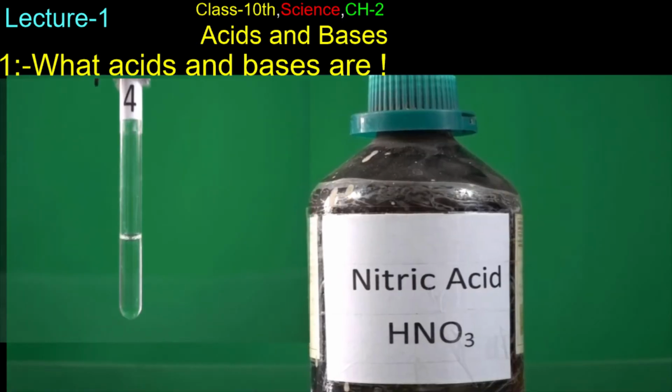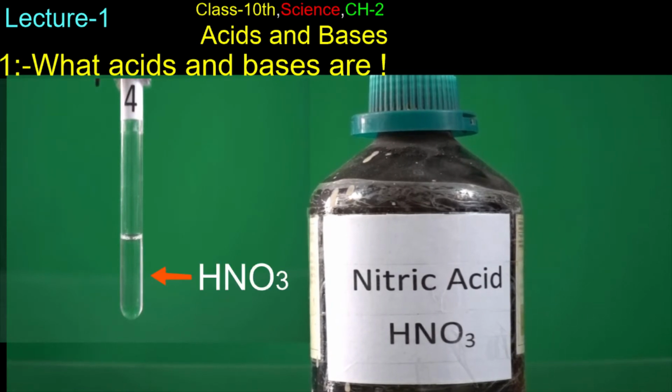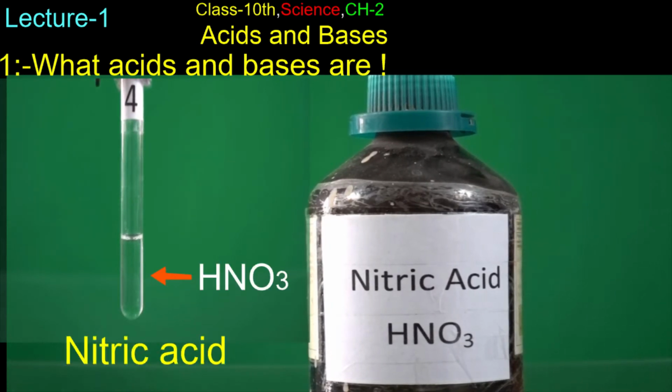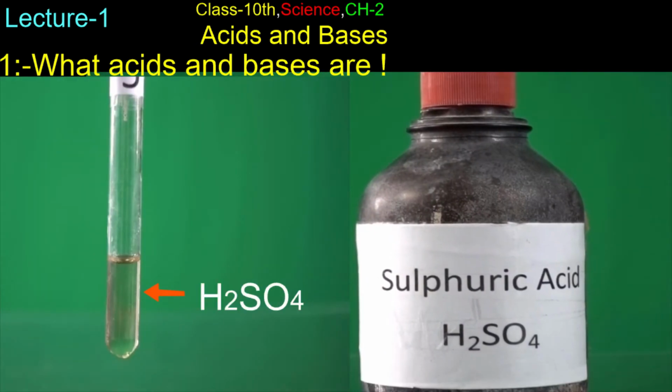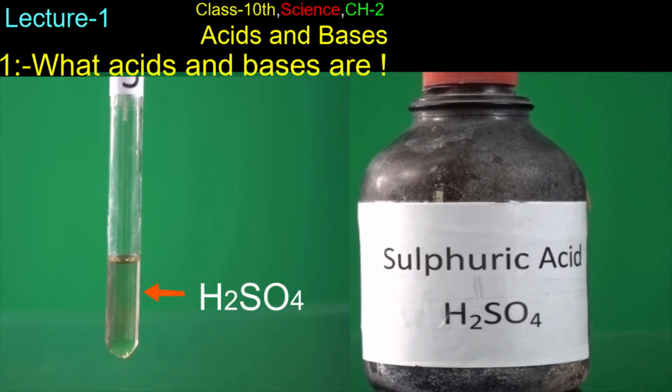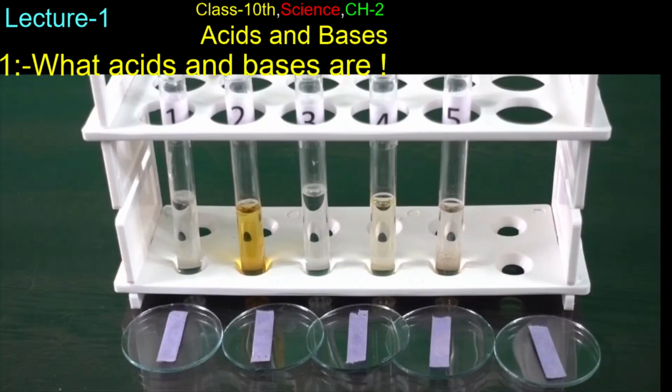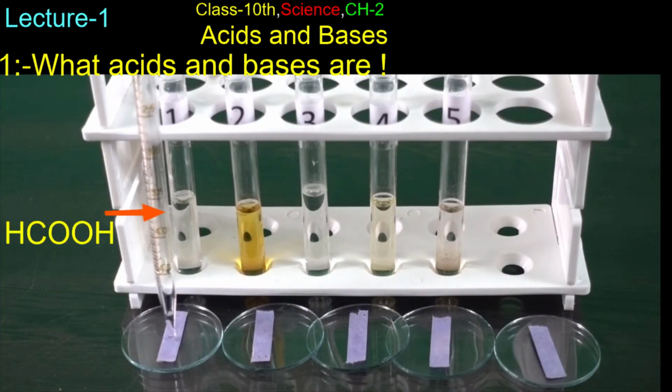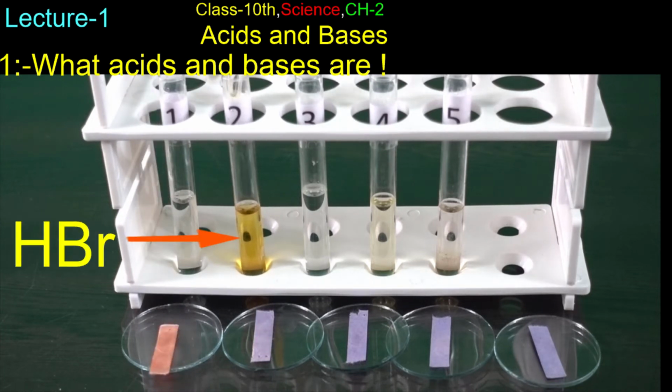Next, this is HNO3 or nitric acid, and this one is H2SO4, sulfuric acid. I put drops of each on blue litmus paper. You can see that all these turn blue litmus red.